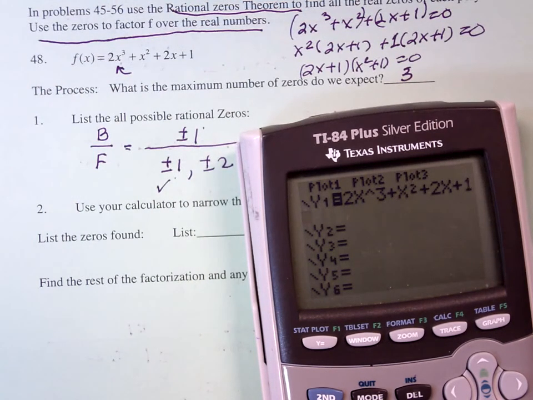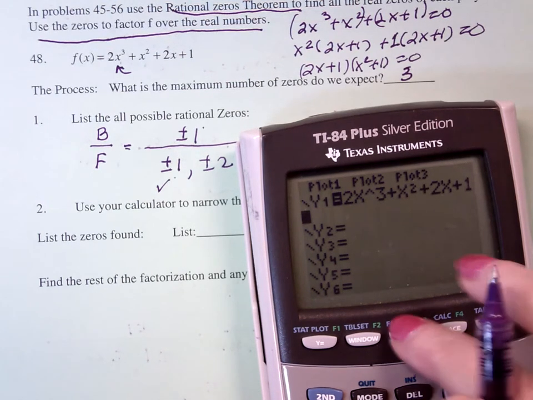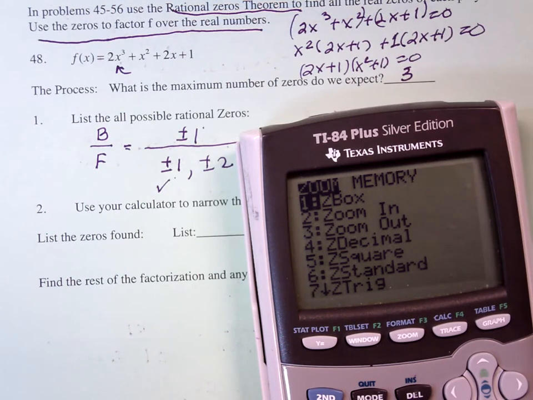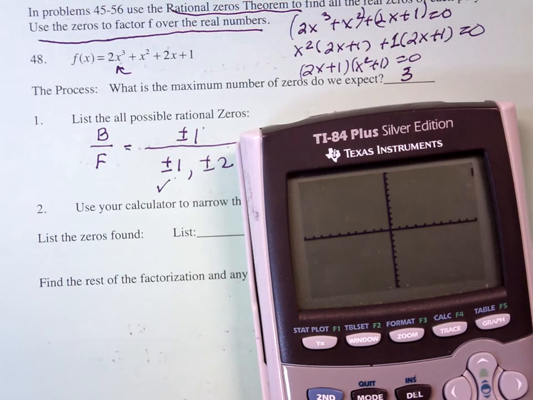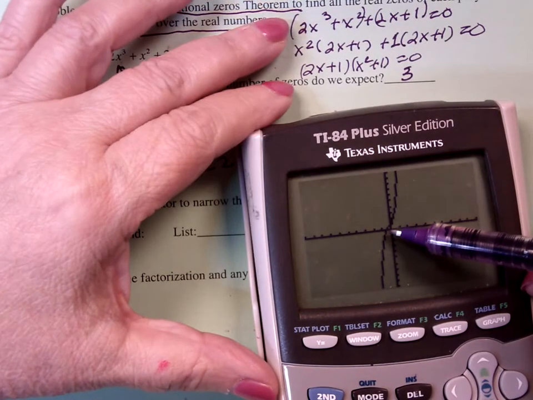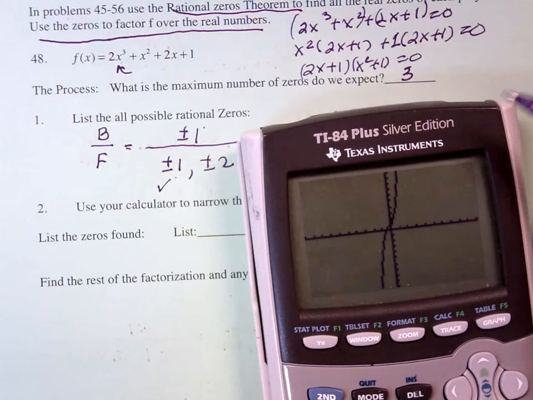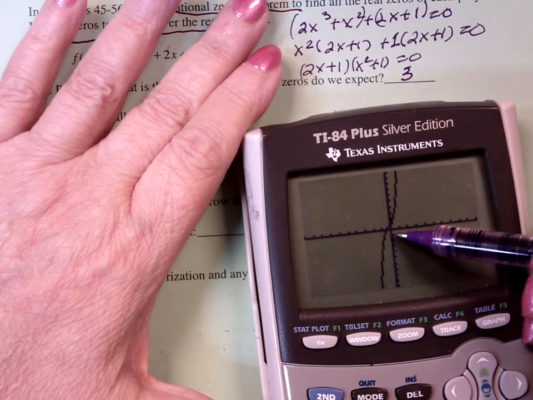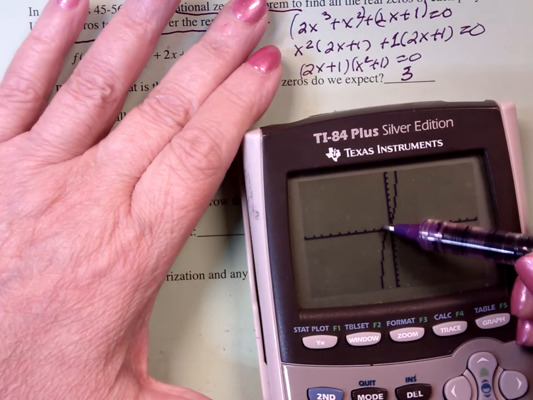So that is the natural window for this calculator. So if I do a zoom standard, which is a zoom 6, that brings my window into play, standard graphing window. I will see the potential 0 there. And if you look, where it appears to cross the x-axis is only one place, and it's not at the origin, and it's not at -1.